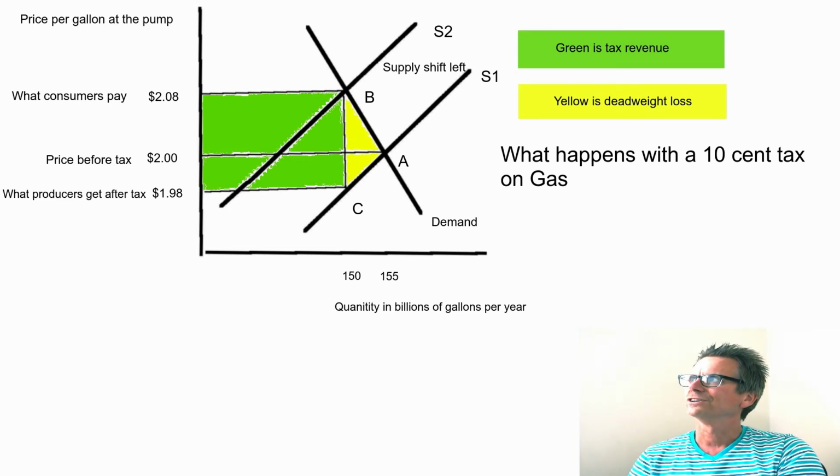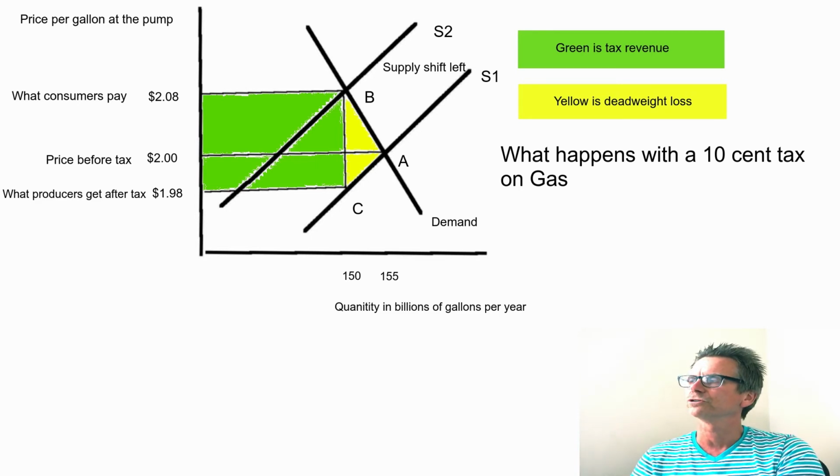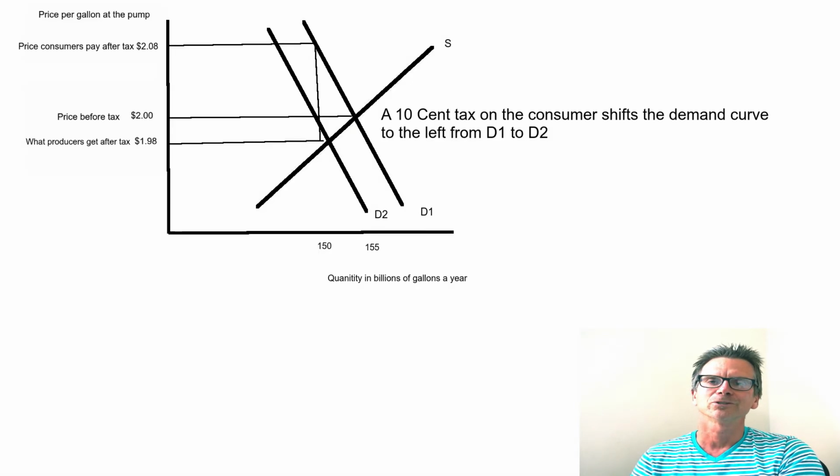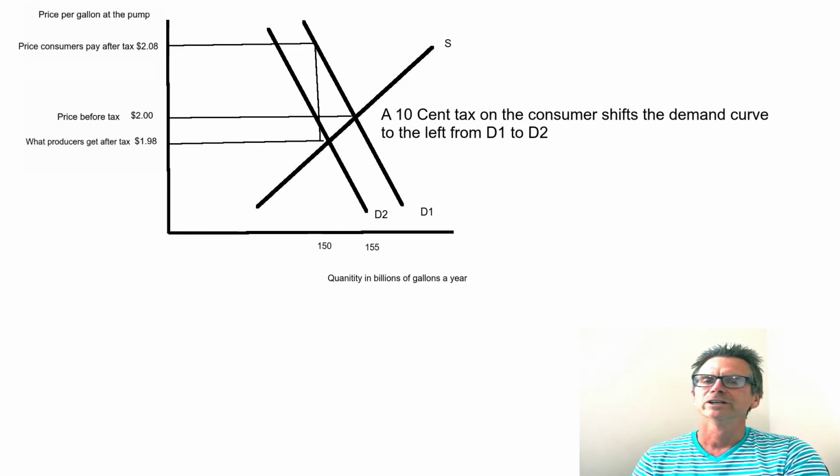Let's take a look at a 10-cent tax from a consumer perspective, a consumer shift. So the burden is on the actual consumer this time to send in the receipts. Voila. There's no difference in the quantity demanded per year. It changes from 155 to 150. The shift amount is the same.